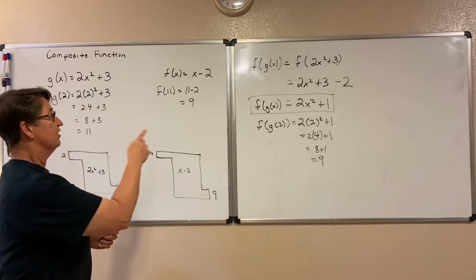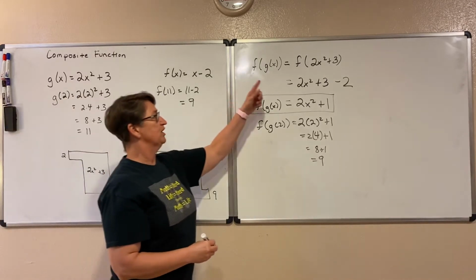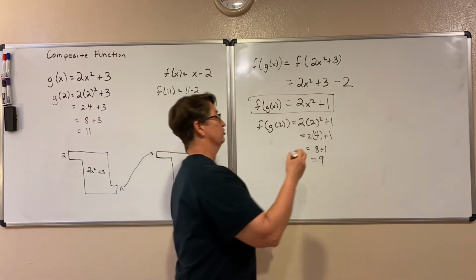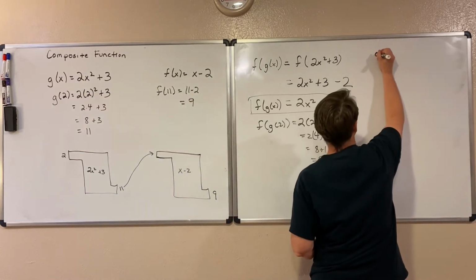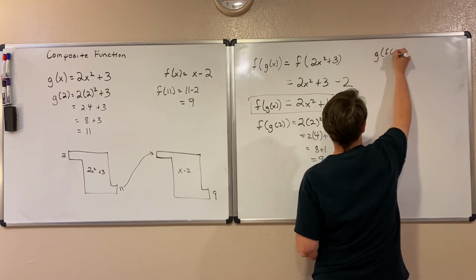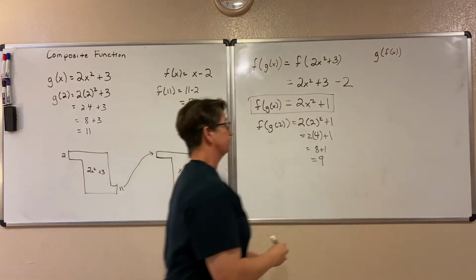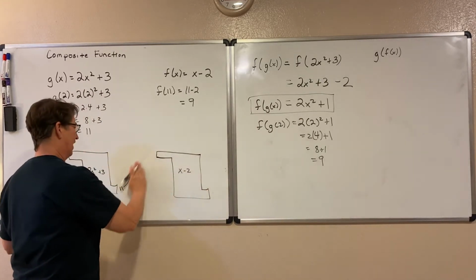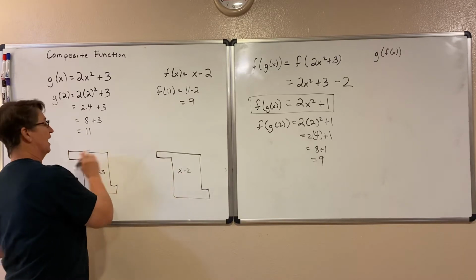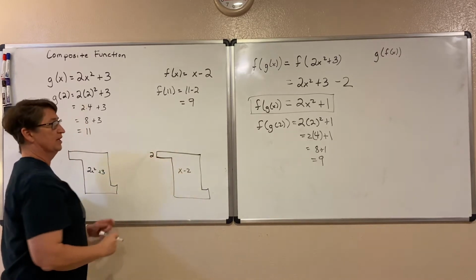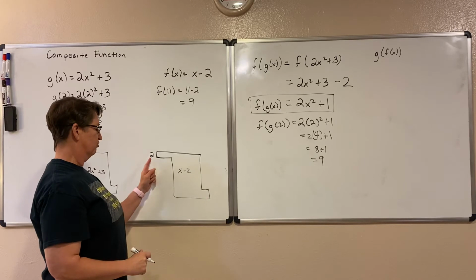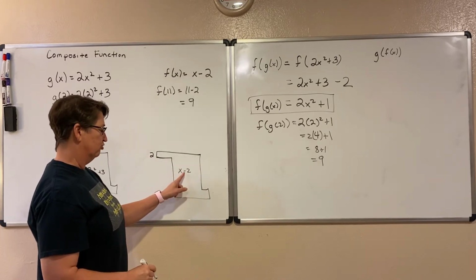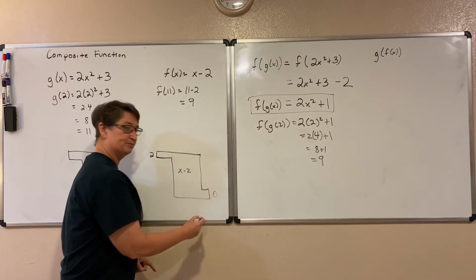Now, this terminology, f of g of x, notice that I could do it the other way around too. Let's do g of f of x. In other words, this time, I'm going to start with my f of x. I'm going to input into this machine so that when I input my 2 here, 2 goes in for x, well 2 minus 2 gives me 0.